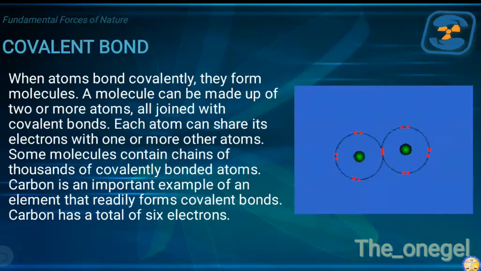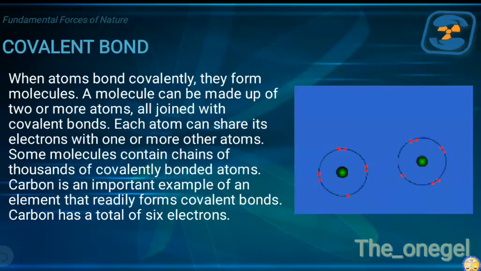Some molecules contain chains of thousands of covalently bonded atoms. Carbon is an important example of an element that readily forms covalent bonds. Carbon has a total of 6 electrons. So as a summary, covalent bond is the sharing of electrons or negatively charged particles.